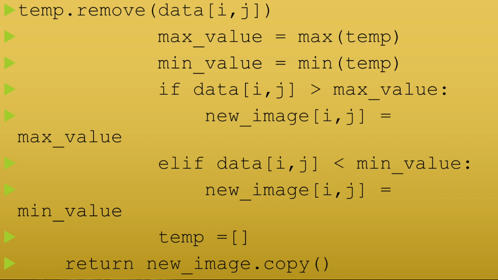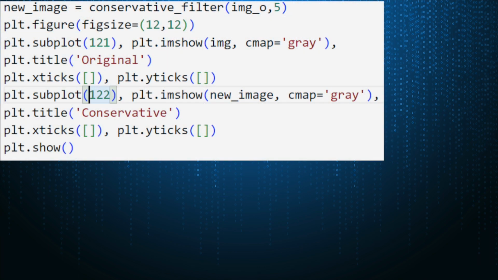Then a third loop does the actual work of replacing the pixel by the maximum value. If the nearby pixels have a higher value than this pixel value, then it will be replaced with the higher value. In this way we have defined the conservative filter.